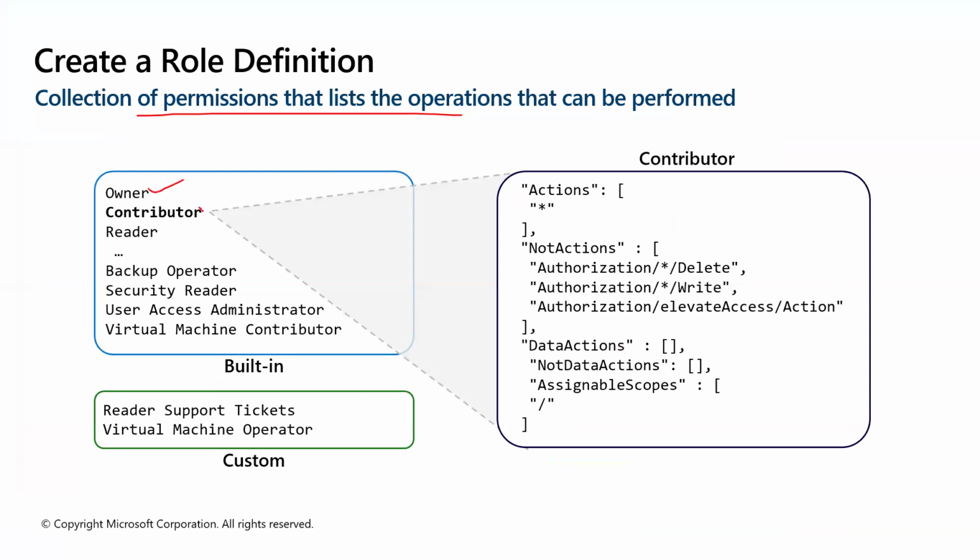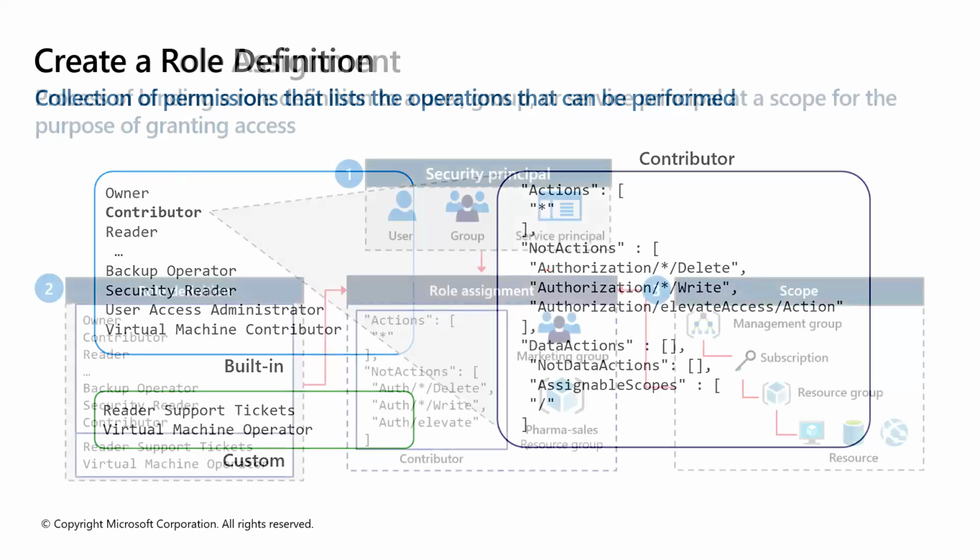Owner, contributor, reader are all RBAC roles, right? And the actions, what you're going to do, delete, write, so you will have restrictions when it comes to contributor, because you will not have permission for authorization. Authorization delete, and you will have only reader access.